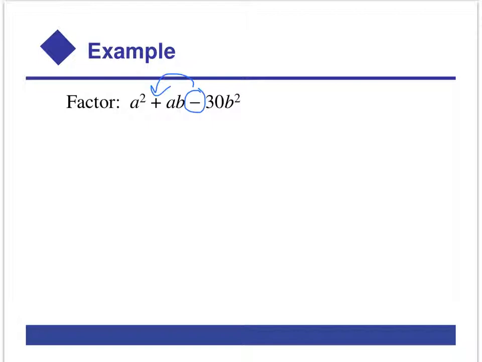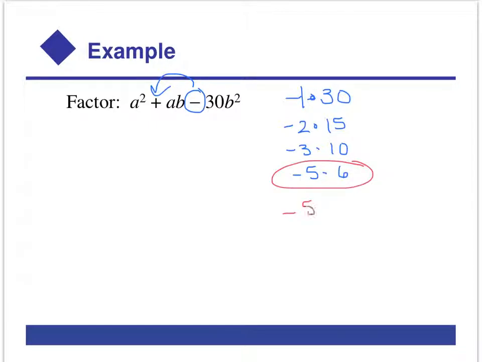So the larger factor has to be positive. So if we say negative 1 times 30, negative 2 times 15, negative 3 times 10, negative 5 times 6. I'm going to stop here because these two, if you say negative 5 plus 6, that gives you a 1, and that's what we wanted to look at.